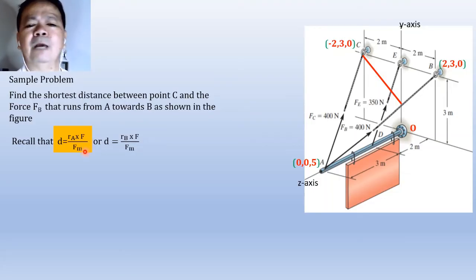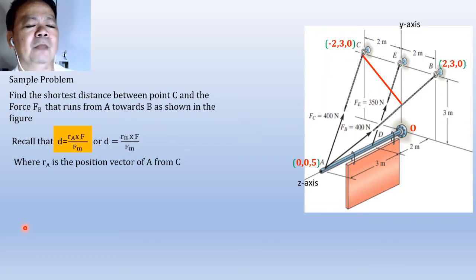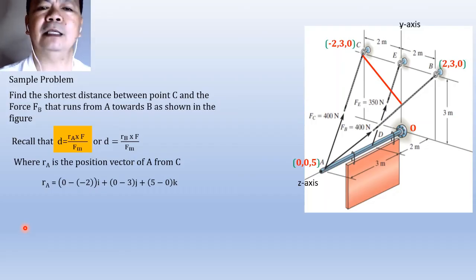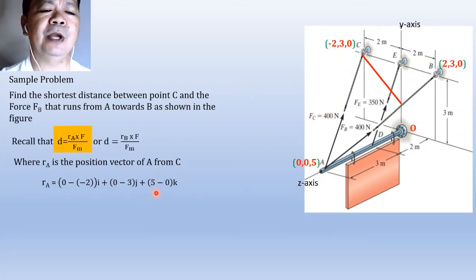We don't have any problem about F sub M because it is already given in the problem. So how are we going to consider the position vector R sub A? R sub A is the position vector of A from C, and that can be taken as the difference in the coordinates of point A and that of point C, so that it will be equal to 0 minus negative 2 times i, plus 0 minus 3 for j, representing the coordinate of this 0 and 3, as well as 5 minus 0 for k.